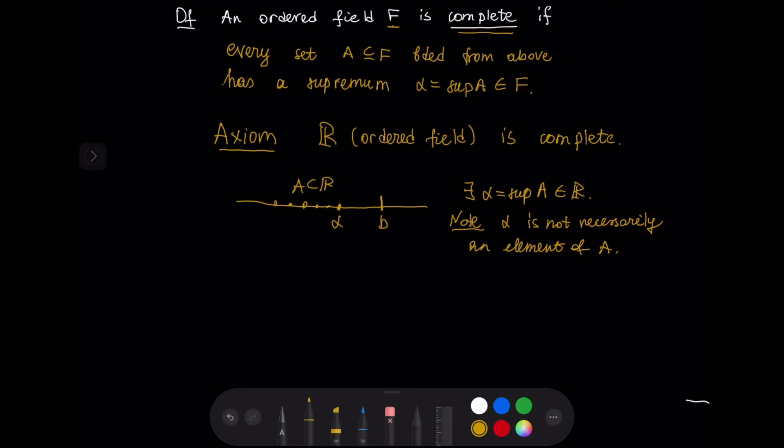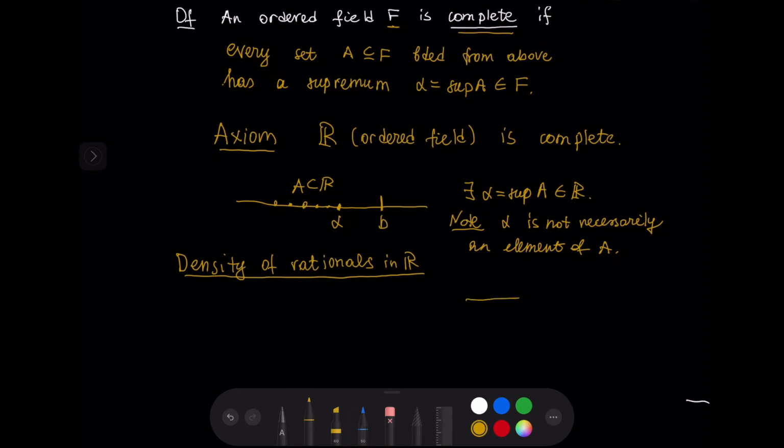We are going to state two statements that we will need in order to consider some examples. We are going to state these statements and then we will prove them in the next video. So the first statement is about the density of rationals in R.